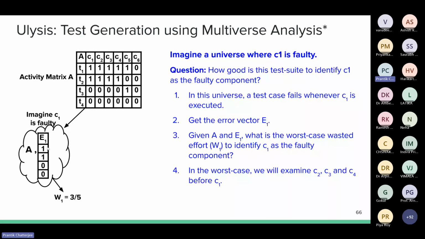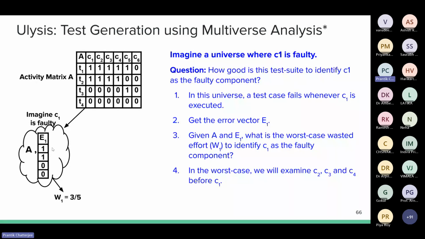According to your imagination, in this universe, the first test case must fail, because it has executed this imaginary faulty component. Similarly, the second test case must also fail. T3 and T4, the third and fourth test cases, will not fail.